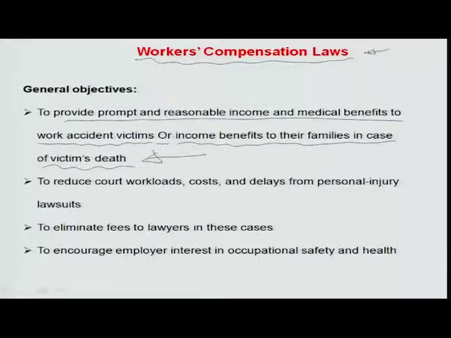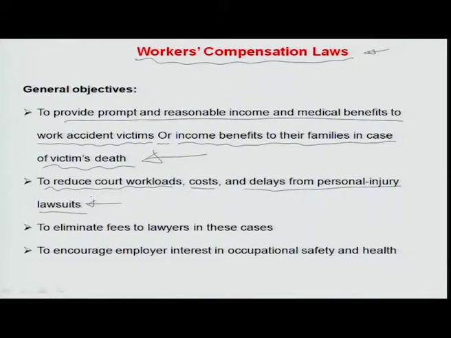Also, the general objective is to reduce the workload of courts, and to reduce overall costs or delays from personal injury lawsuits which would otherwise come in if not properly handled.